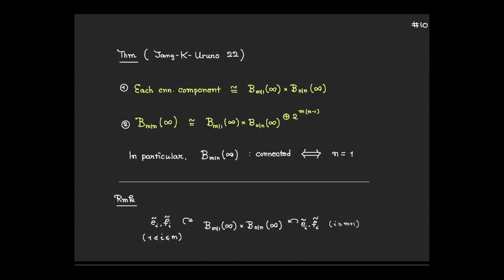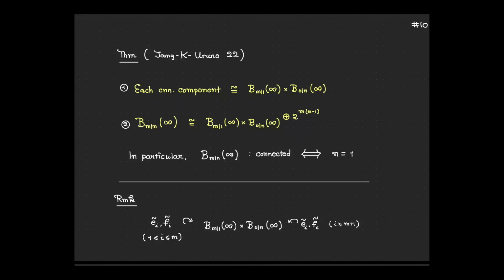First we can prove that each connected component in Bmn infinity is mutually isomorphic, and it is isomorphic to the crystal which is a Cartesian product of Bm1 infinity and B0n infinity. Here Bm1 infinity means the crystal of the negative part of GLm1, and B0n infinity is just the GLn crystal.